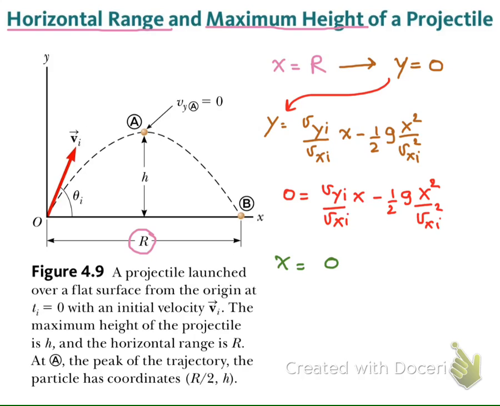If x equal to 0, the right-hand side of the equation is equal to 0, and the other solution is x equal to 2 vxi vyi over g. Okay. Now we have two solutions, but you can see that we have to choose the second solution. It is because if x equal to 0, this is the initial position.